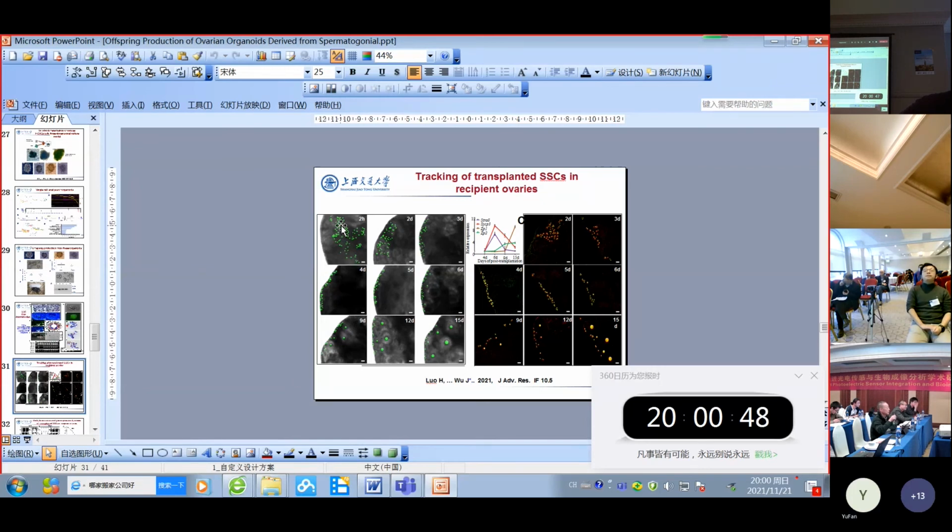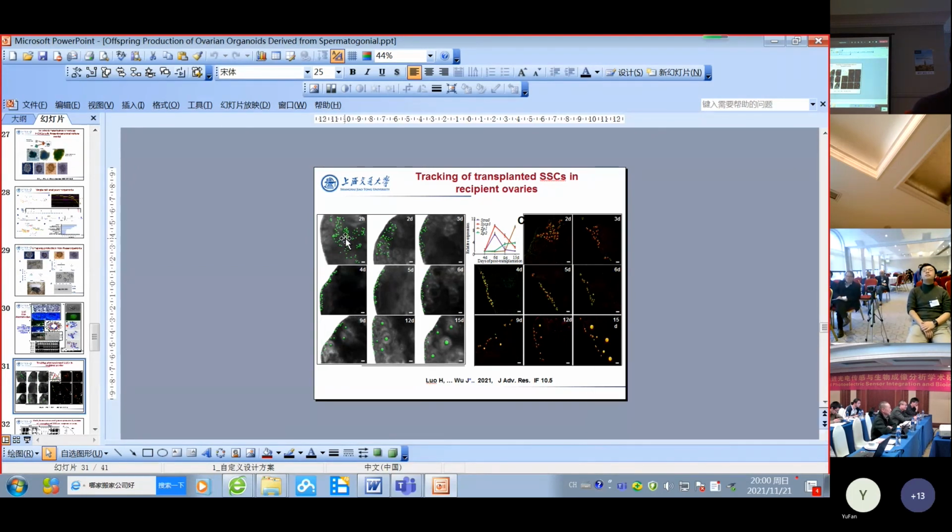The cells are just from a GFP transgenic mouse, so I didn't label them. I just isolated the spermatogonial cells, germ cells, because the original cells are GFP positive. We transplanted the GFP positive cells, and then with the confocal microscope we can see this GFP label.